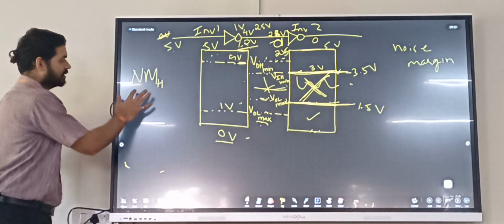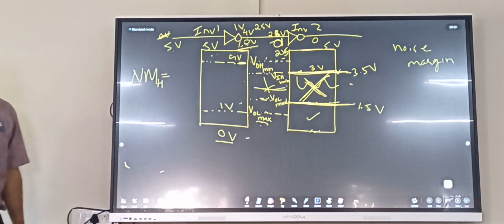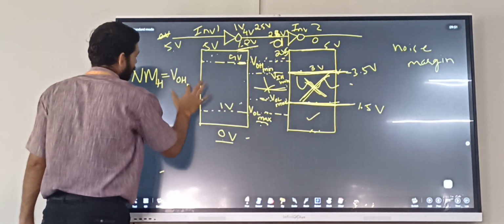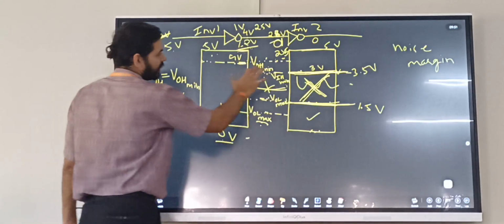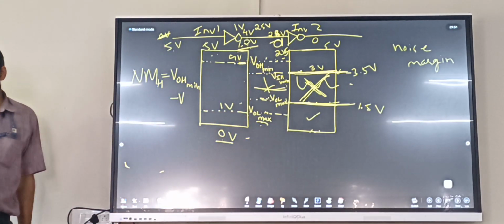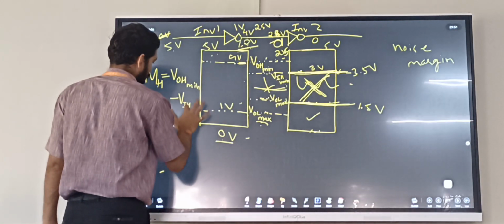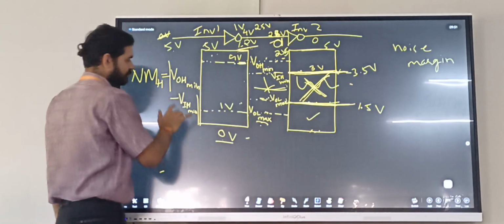So NMH is nothing but, you can note down the formula, VOH minimum minus VIH minimum, or you can have a mod.